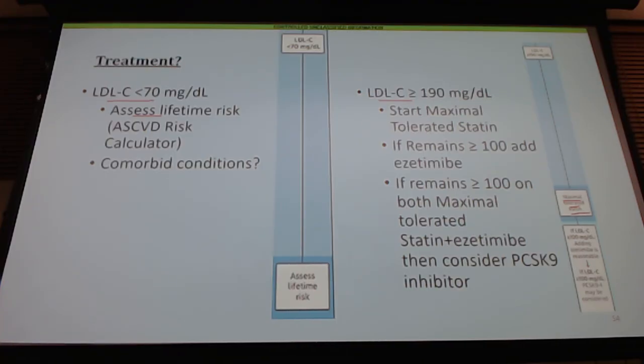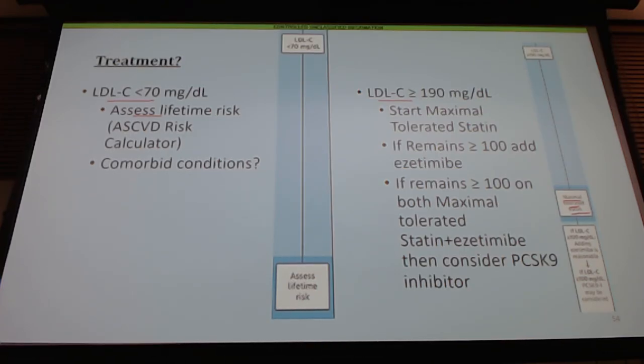So think about putting them on a high intensity statin dose, which if they can tolerate it, atorvastatin 80 or rosuvastatin 40, that's what they should be on. But if they start to have some muscle aches or whatever, okay, let's cut them down to atorvastatin 40 or rosuvastatin 20, okay? But let's do the maximally tolerated dose of your statin.